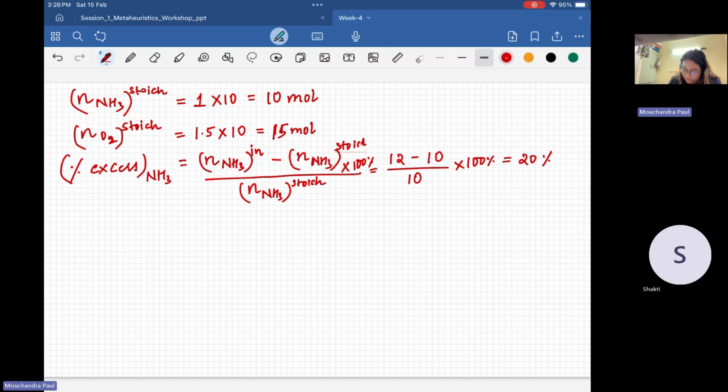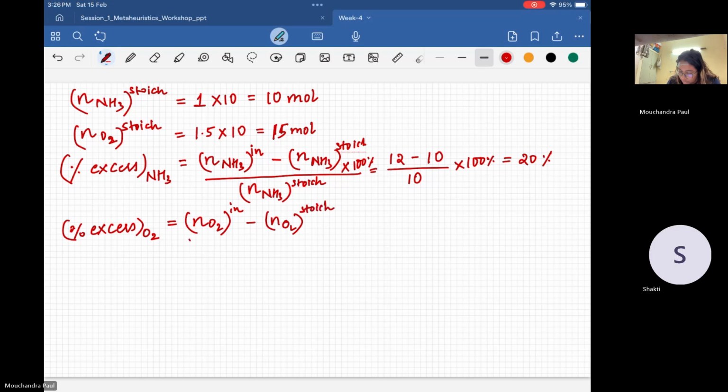All right. Similarly, for oxygen, how much is there in the feed, minus the required amount.